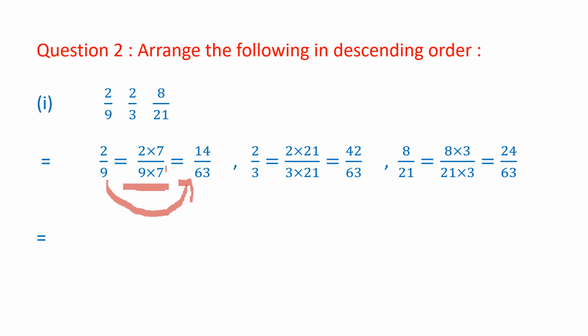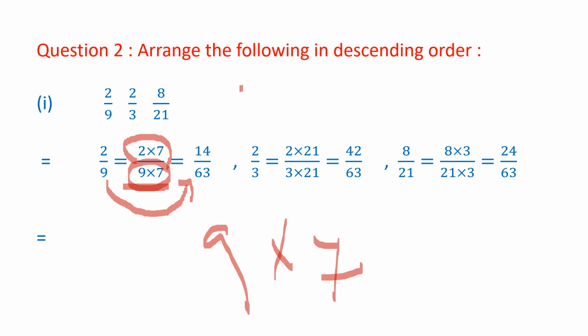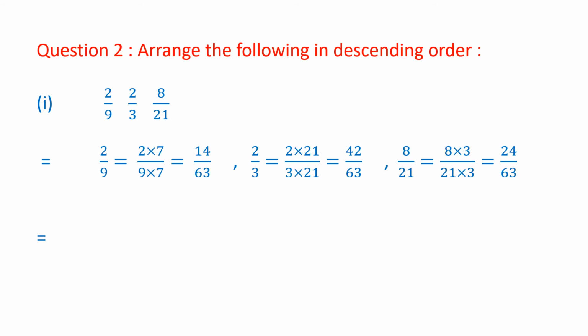So now you know that whenever you do anything to the denominator, you have to do the same thing to the numerator also. So when you multiply 9 with 7, you should multiply 2 in the numerator also with 7, right? That's what we have done here. 2 also we have multiplied with 7 and 9 also we have multiplied with 7. Why? Because 9 I had to convert to 63, and for that I need to multiply by 7.